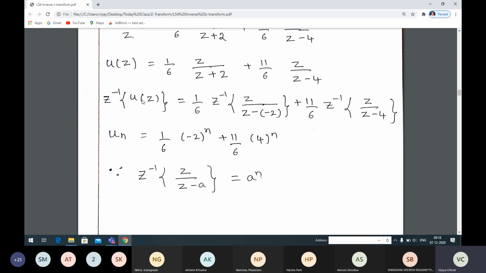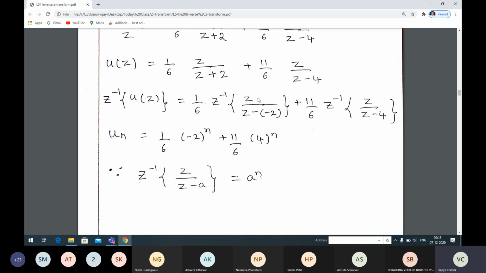So z inverse of U(z) is equal to 1 by 6 z inverse of z divided by z minus of minus 2, because we have a standard result: z inverse of z divided by z plus a is minus a raised to n.